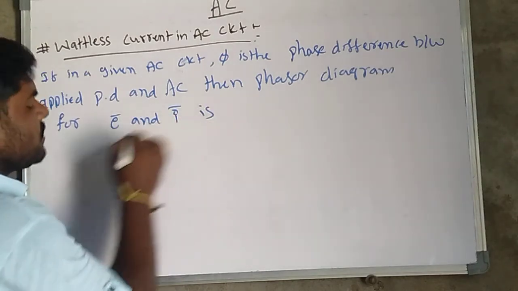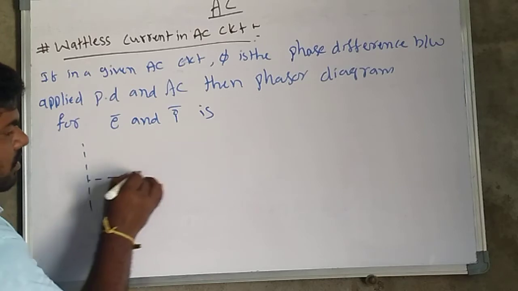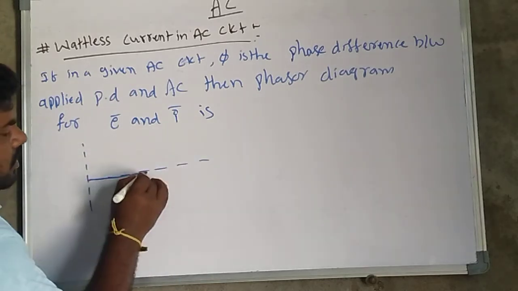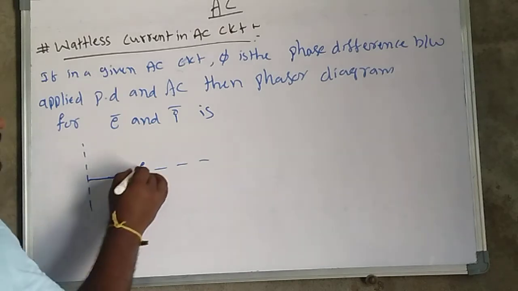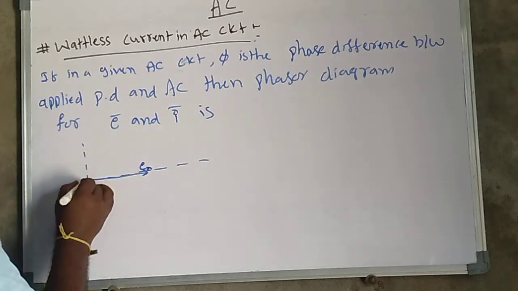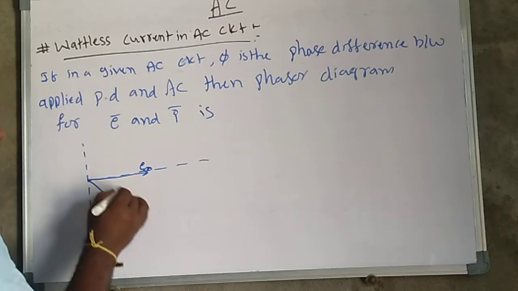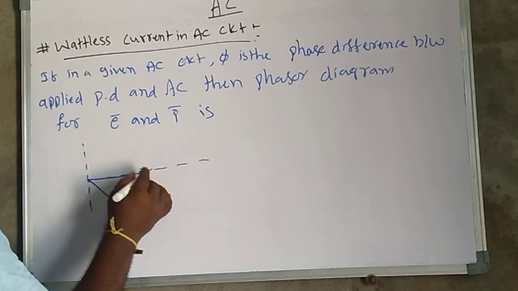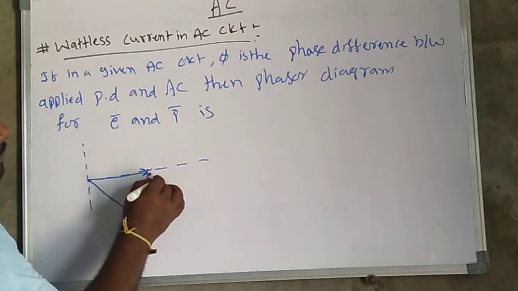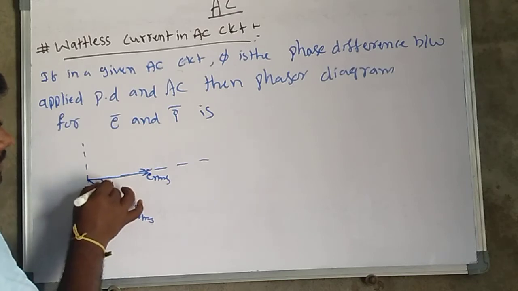Let us consider this. In this direction is the E value, or E naught value. Here is the I value, with ERMS and IRMS making an angle phi.